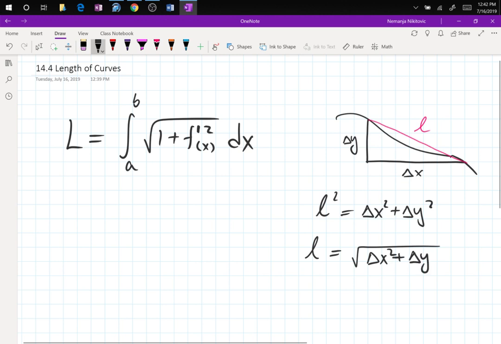Yeah, it's a plus minus square root, but lengths are never negative, so we ignore the minus sign.